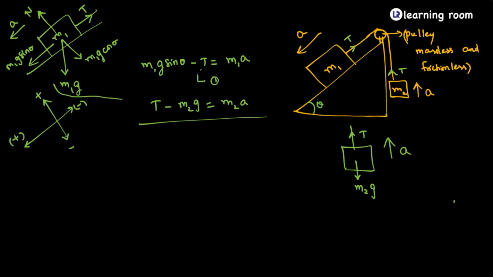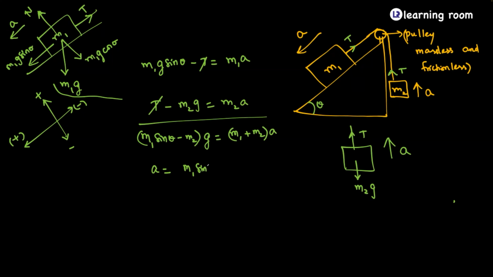Now, when you add these two equations, you will get M1 sin theta minus M2 into G is equal to M1 plus M2 into A. So what will be the acceleration?